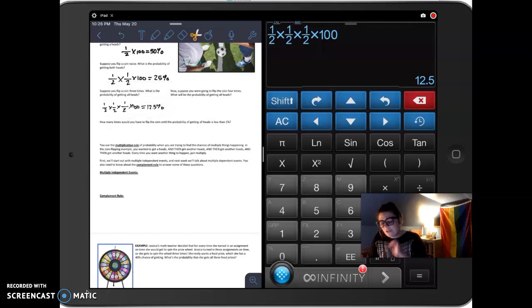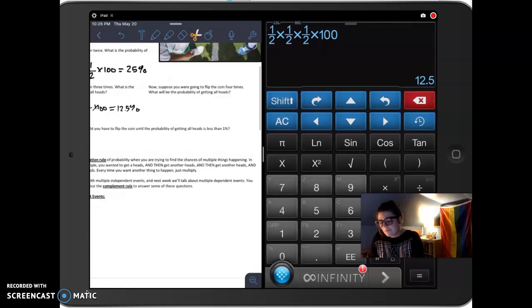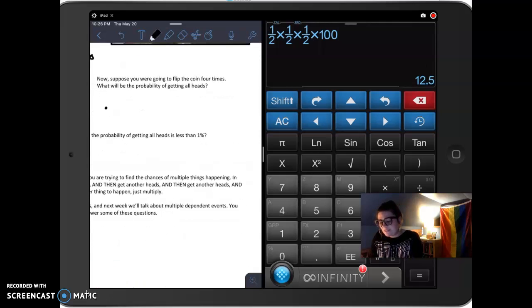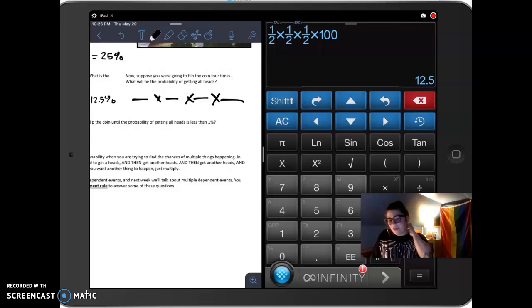All right, so now we're going to do it 4 times. I bet you know what's going to happen here. We have 4 events. We're setting ourselves up for success here by creating a fill in the blanks template, as I often do with you guys, where we are putting each event with multiplication between it, and then we multiply by 100 at the end to turn it into a percent. All right, let's do it.